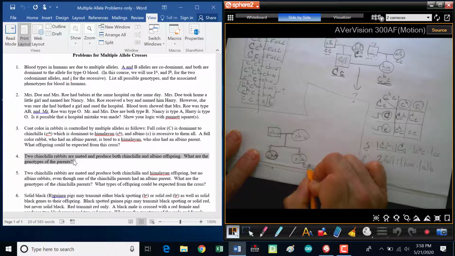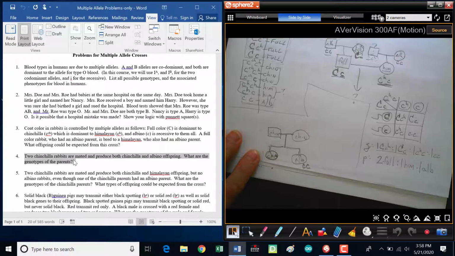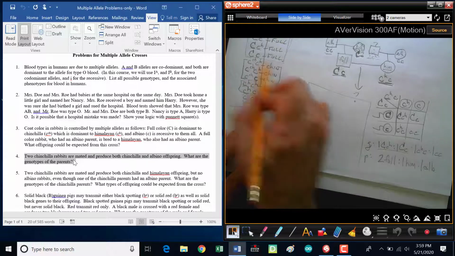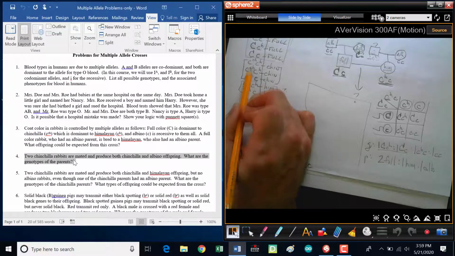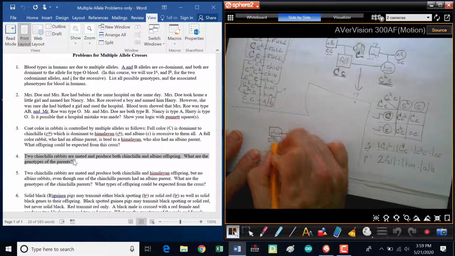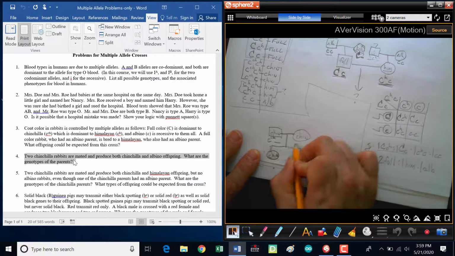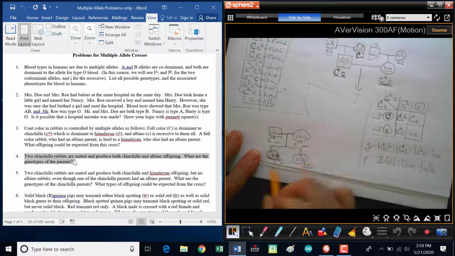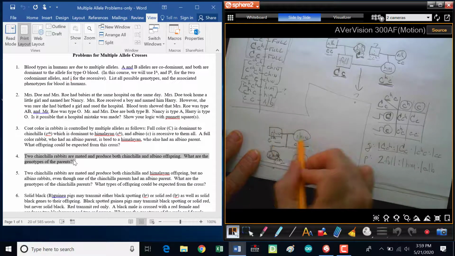That's a little c, little c right there, right? These guys are chinchilla. That means they're one of these 3 genotypes. But you'll notice all of them, their most dominant gene is the chinchilla gene. This is C-CH something. This one is C-CH something. This is C-CH something. All of those, their most dominant allele is the chinchilla allele.